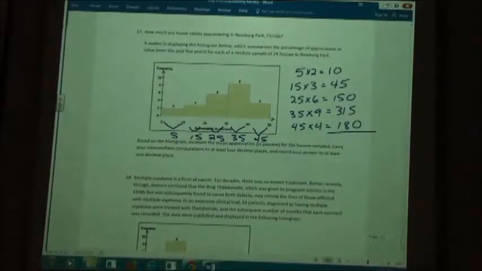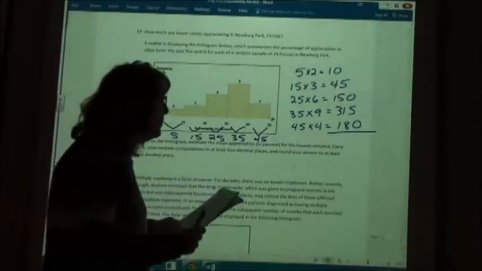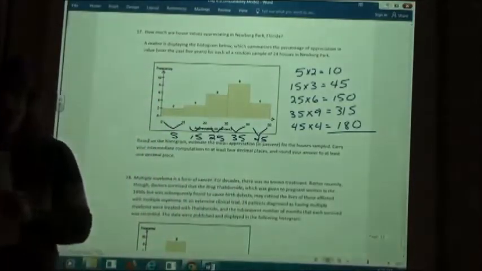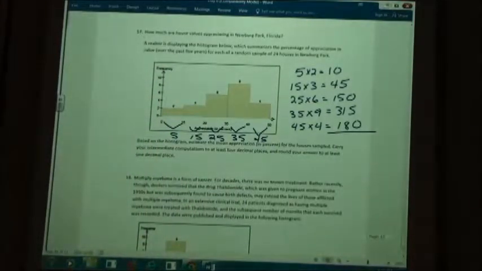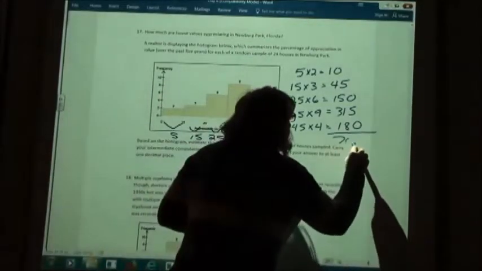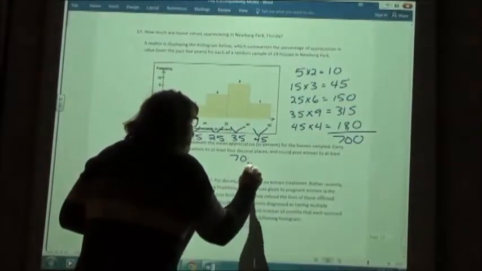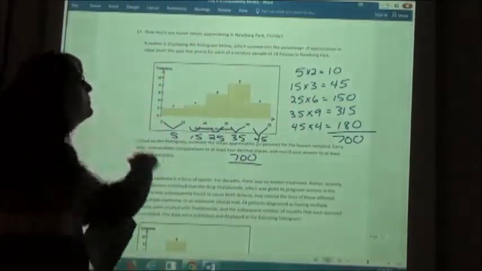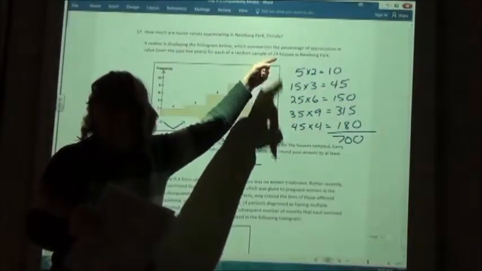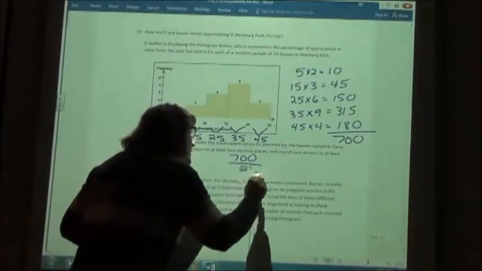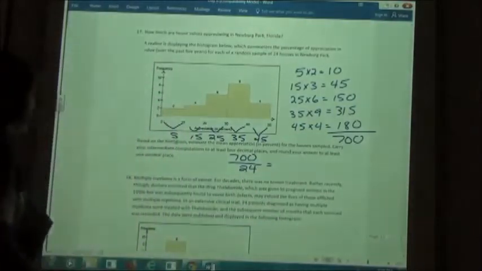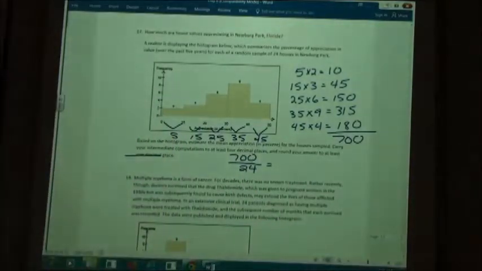And then we're going to add all of those up. 700. We are then going to take that 700 and divide it by 24, our sample. 24 households. We are rounding our answer again to at least one decimal place.